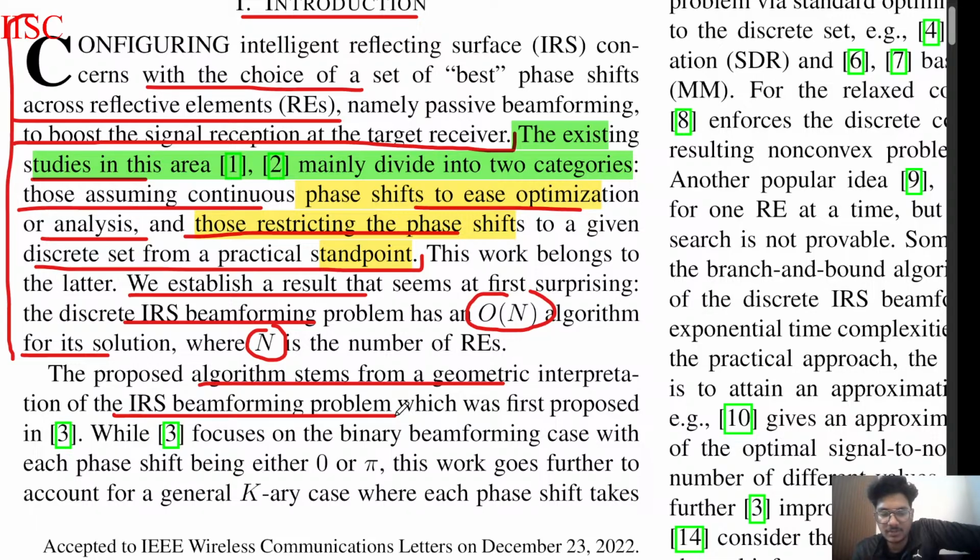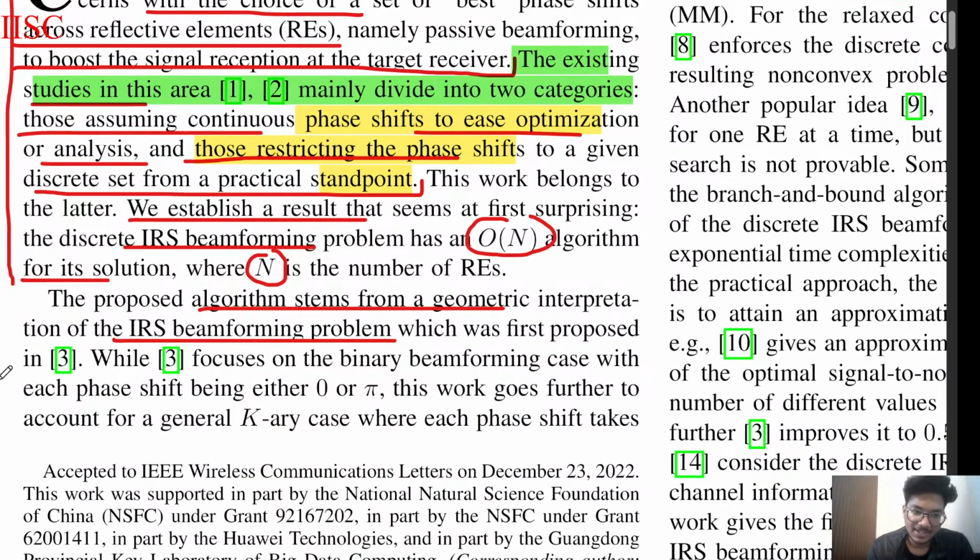Paper 3 focused on the binary beamforming case, where each phase shift belongs to either 0 or pi. This work goes further and accounts for the K-ary case.